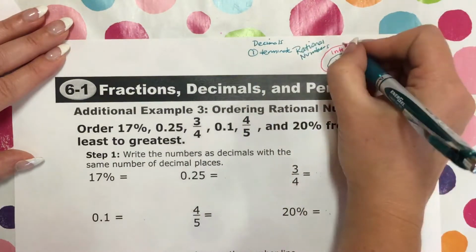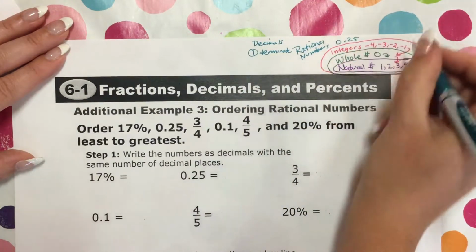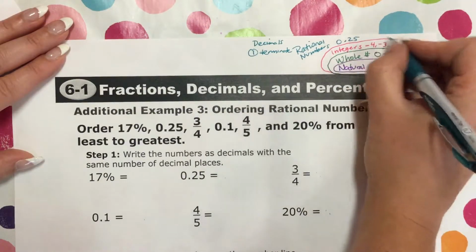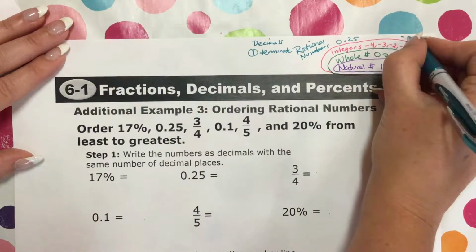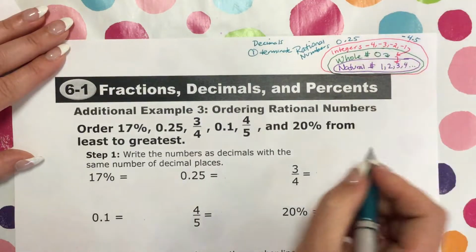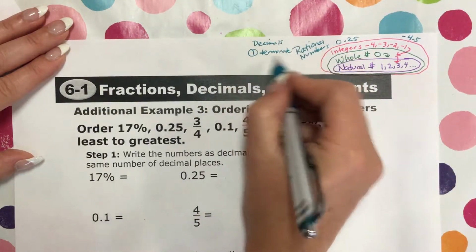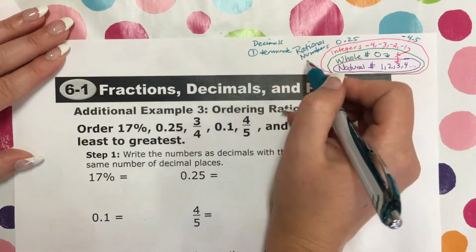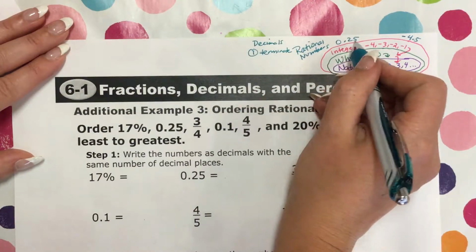So that would be something like 0.25. That's a decimal that terminates. It stops. Or it could be -4.5. That stops. It can be a fraction, too, that when it's converted to a decimal, the decimal terminates.